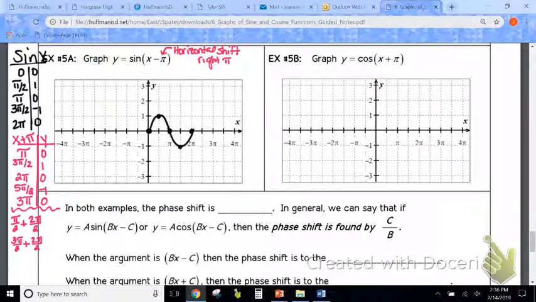All right, and so we can graph these points. And then check: did it horizontally go to the right pi?